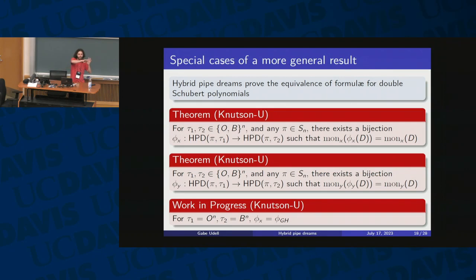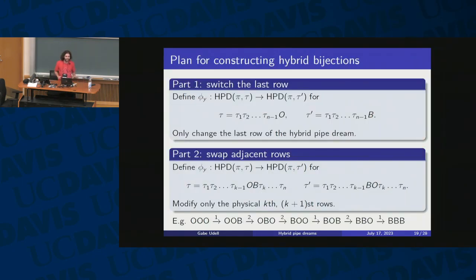So going through the hybrid pipe dreams using these objects to understand the connection, we get the same bijection. Yeah, and for the next couple slides, we're going to talk a little bit more about phi y than phi x, because it's a little easier to understand, but things work similarly.